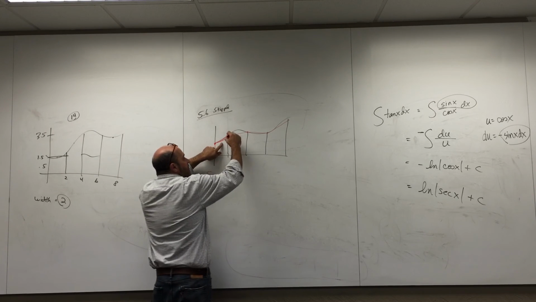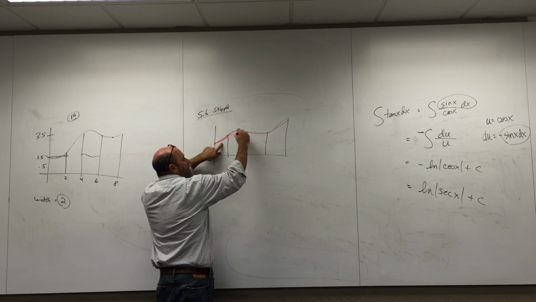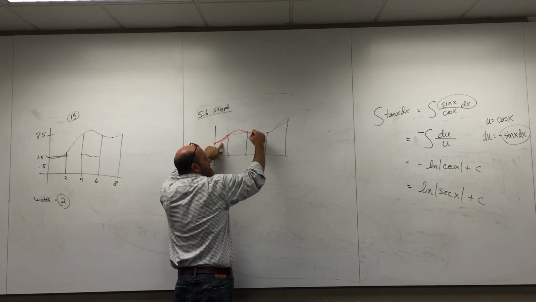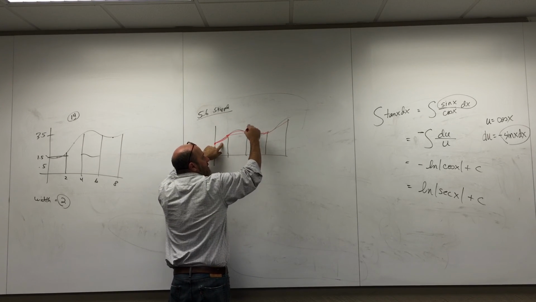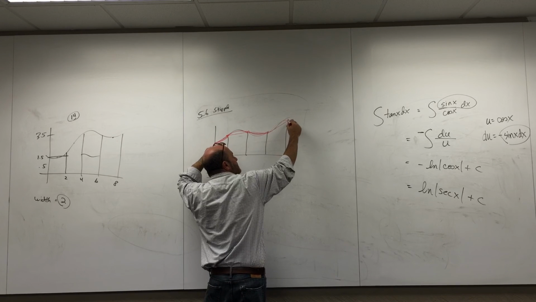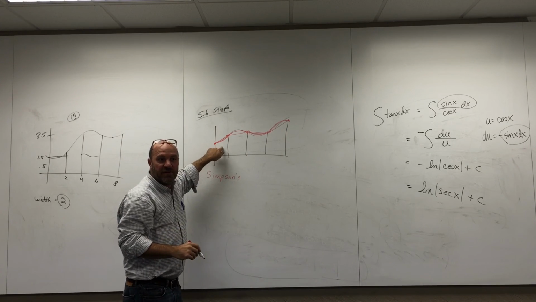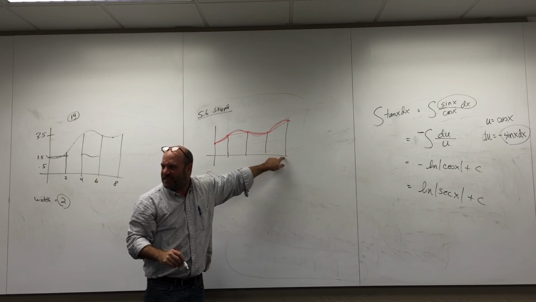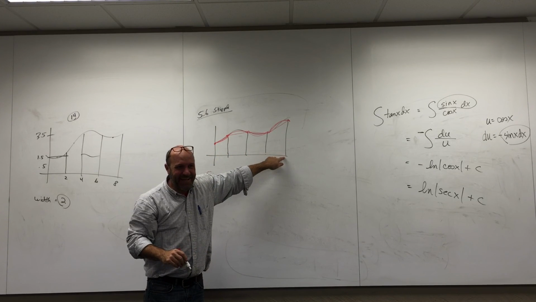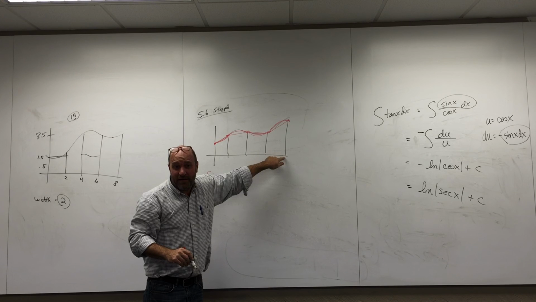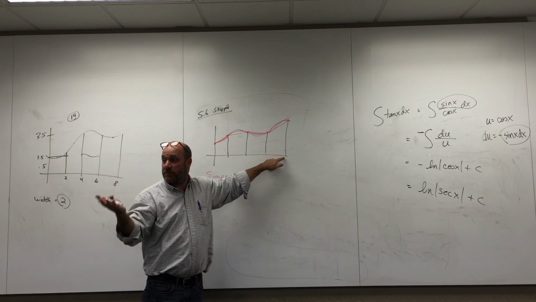Find the best fit parabola that fits that, and that, and right here, and use the area under these parabolas. They think that's less error, probably, than rectangles.